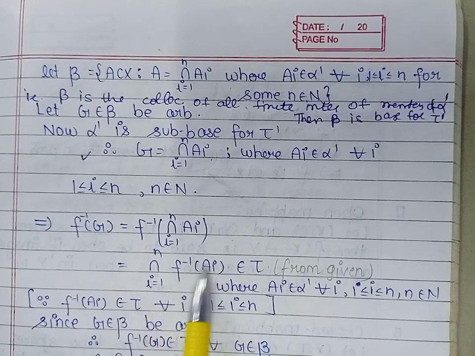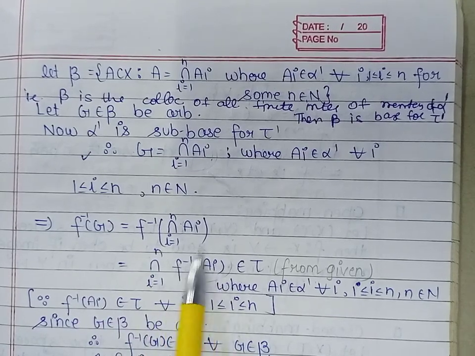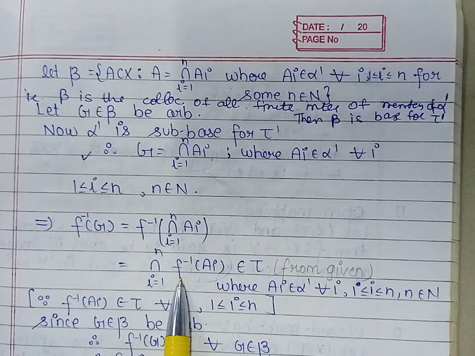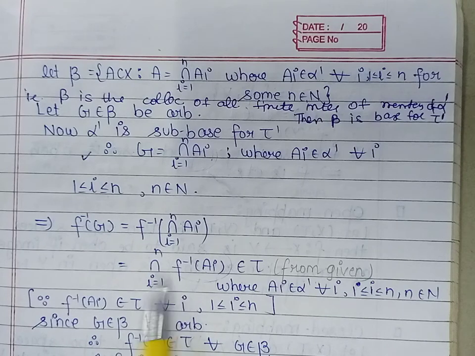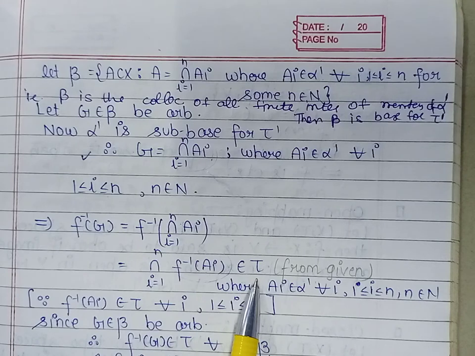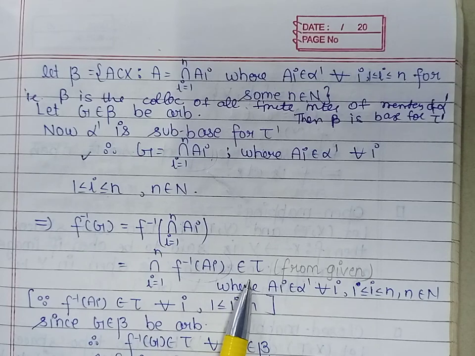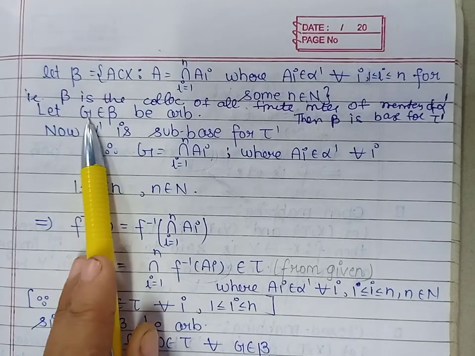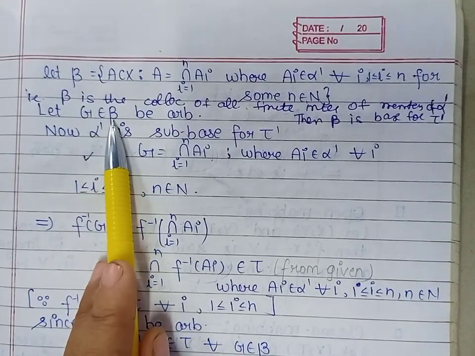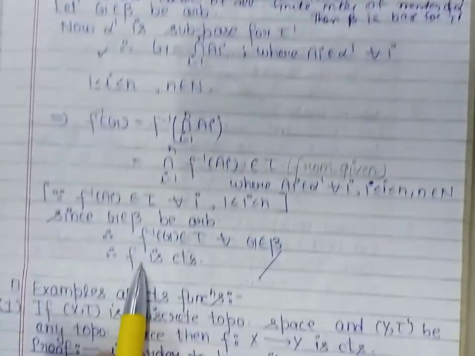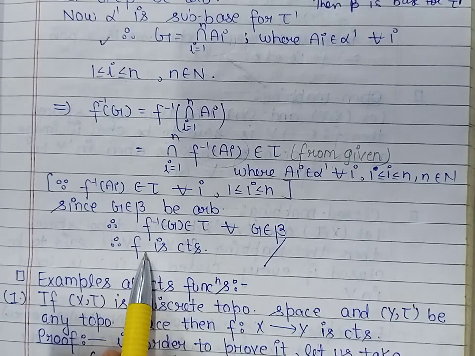Now because f inverse of A i belong to tau, and tau is a topology that is closed under finite intersections, we can say that the intersection of f inverse A i belongs to tau. We have proved that f inverse G belongs to tau for every G belonging to the base of the topology tau dash, and this proves that the function f is a continuous function.